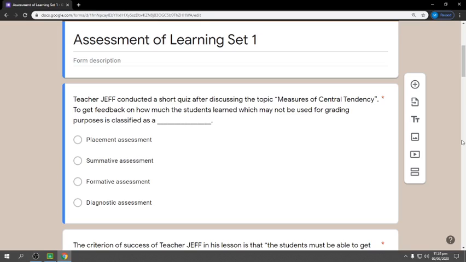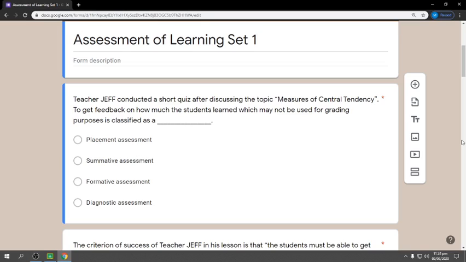But don't jump to conclusions right away. Why? Because the question is not related to measures of central tendency. This refers to a topic that the subject, Teacher Jeff, is discussing. So the first sentence is really not a big deal.